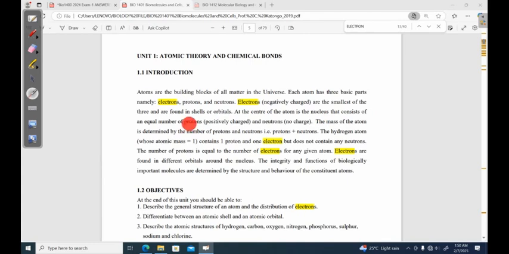Neutrons have no charge. So the mass number of an atom is determined by the number of protons and neutrons, like we mentioned. I'm going to use this information to explain what we're talking about. Remember, protons are positively charged, electrons are negatively charged, while neutrons have no charge.